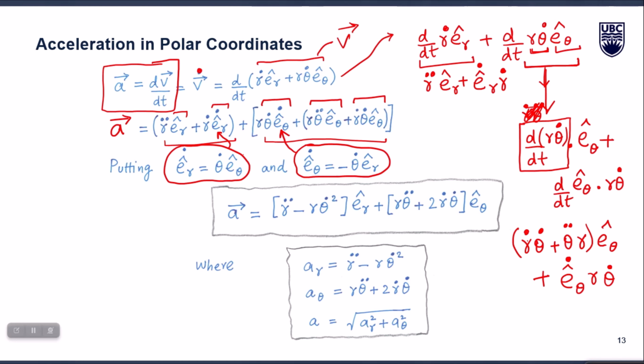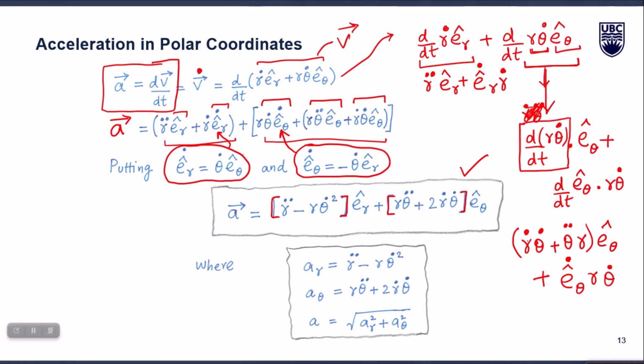So I can take all those quantities which were being multiplied by E sub r, take E sub r common, and get this whole thing being multiplied by E sub r. Similarly, I can take E sub theta common from all those quantities which were being multiplied by E sub theta, and I will get this whole quantity times E sub theta, right? Now if you look at this box, I have written acceleration as a sum of two vectors.